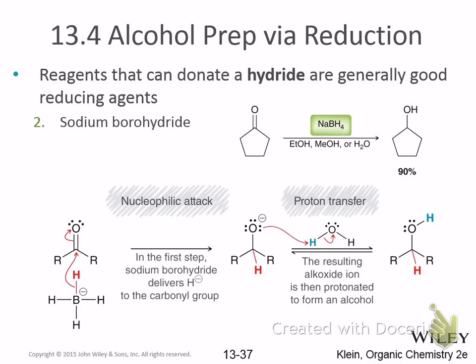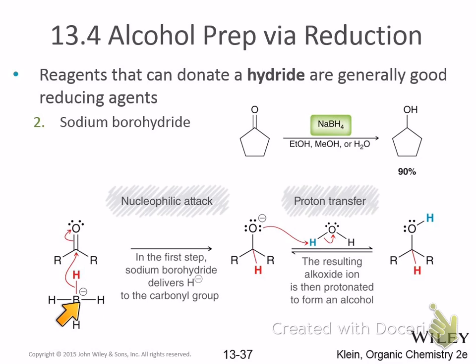Sodium borohydride reduction looks something like this. Here's the mechanism, and there's the overall reaction. The solvent is one of these; it can be any alcohol. So, aldehyde or ketone, sodium borohydride.